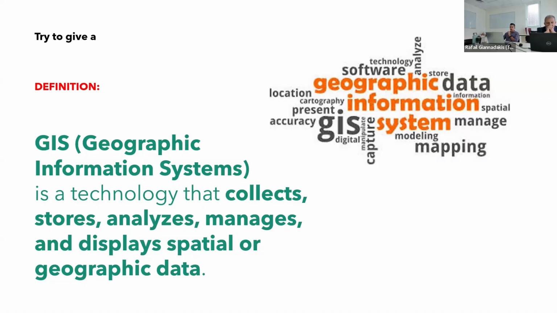But if we have spatial data, we have more information, not only where a point is on the map. We know this point has some information about what is there, and some other information. It depends on what I'm looking for. Of course, we have thematic maps, layers.